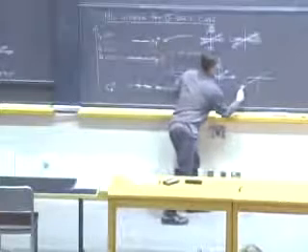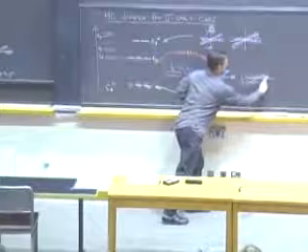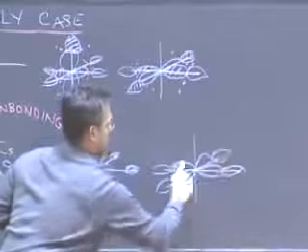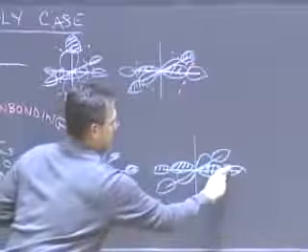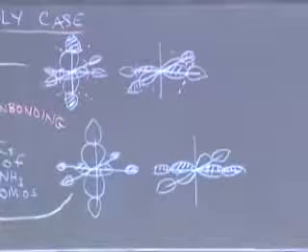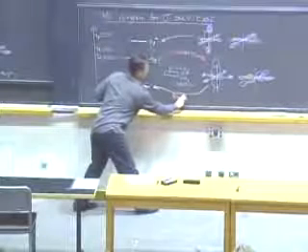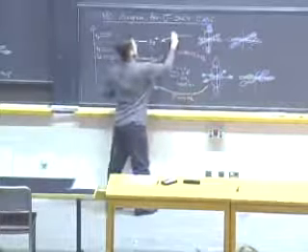And then over here we'll have x squared minus y squared, making bonds also like that. Okay, so these are down here. This is bonding, and this is antibonding.